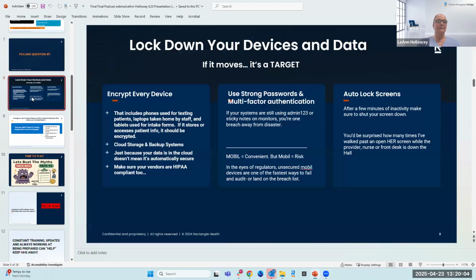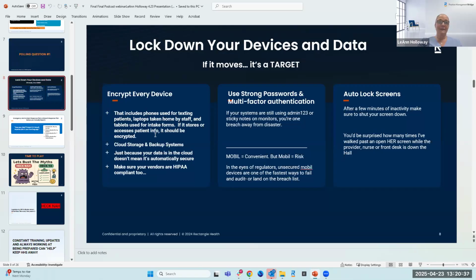So let's move down. We're going to talk about locking down your device and data. If it moves, it's a target. Encrypt every device. That includes phones. I've talked to 100 million offices. Again, I'm exaggerating a little, we talked about that at the beginning. I have multiple offices who are still using their personal cell phones to text people.